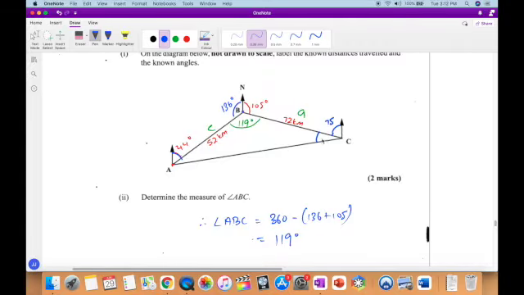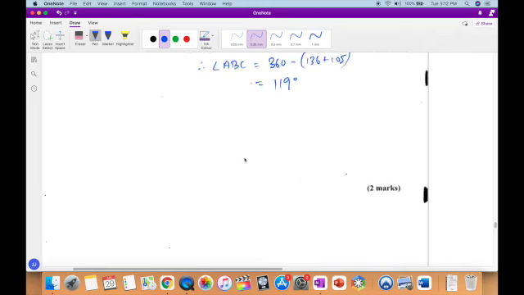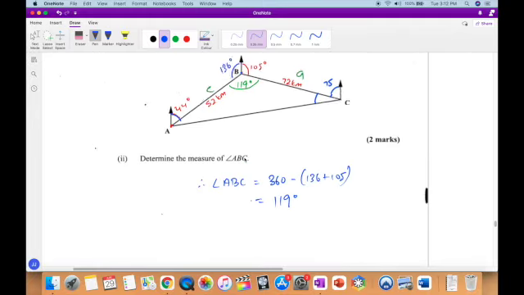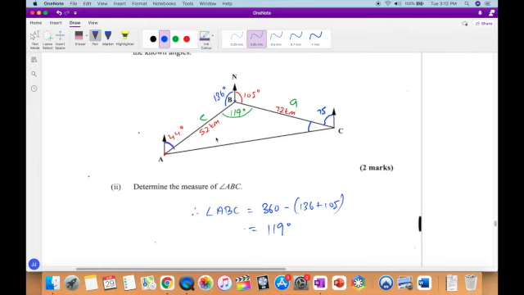And in order to find this little angle there, we could use the sine rule, because we have C over the sine of C, and we have that 107.3 kilometers here. So this is 107.3.